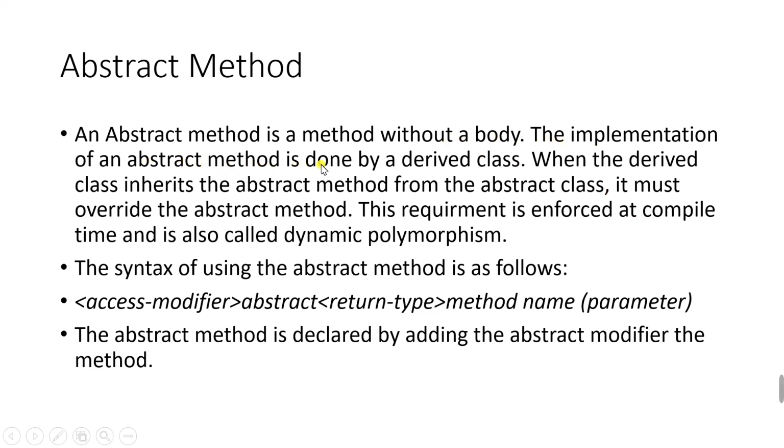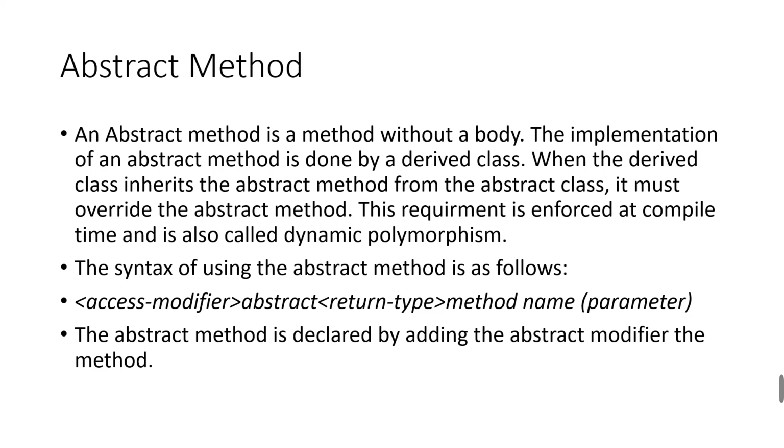Like in an interface, where we define the method signature and any class implementing that interface has to implement that method, the same purpose is served by an abstract class. Abstract methods don't have any body, but you have to implement the body in the child classes that inherit the base abstract class.